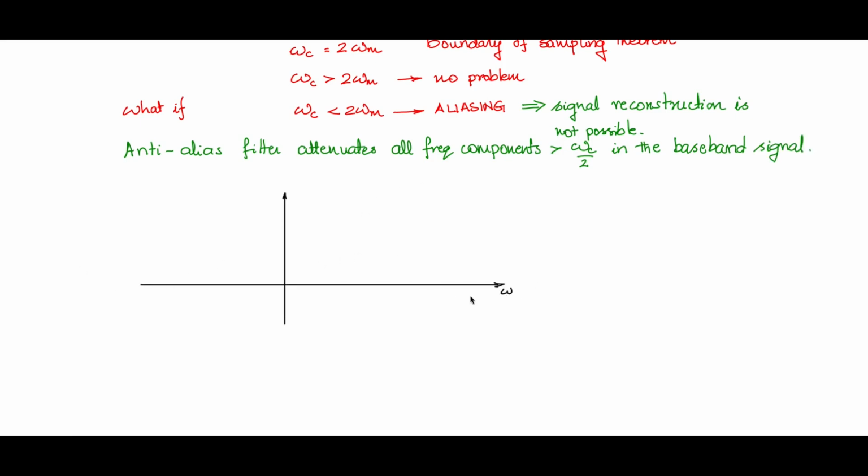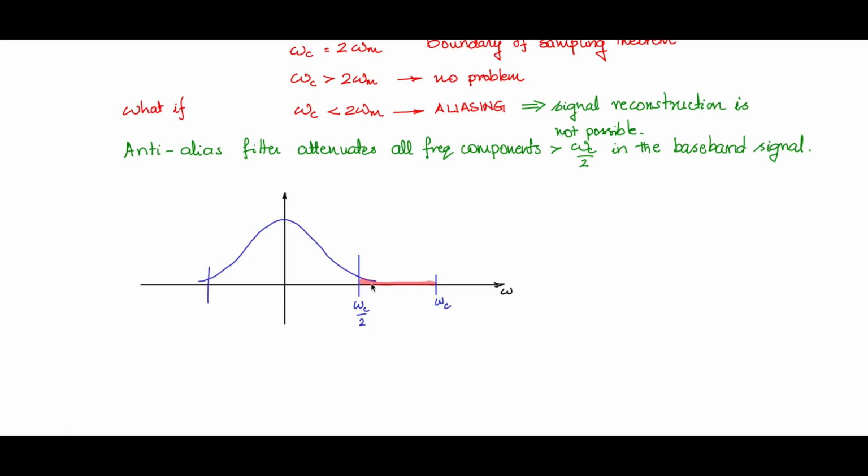So if I take the frequency axis, and let us say we have a modulating signal like that, and there is a long tail with respect to frequency components. Let's say this is your omega c, and here is omega c by 2. This is the limit boundary of the sampling theorem, and I should not have any baseband signal, any modulating signal frequency component, beyond that.